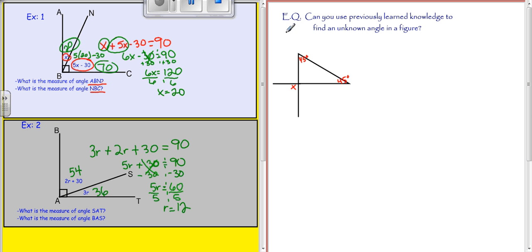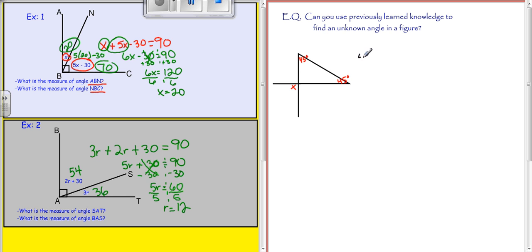Can you use previously learned knowledge to find unknown angles? We just did it. Alright, so right here we have a triangle. And we have learned that a triangle equals 180 degrees based on the triangle angle sum theorem. So we can find this angle right here. So we have 45 and 45.